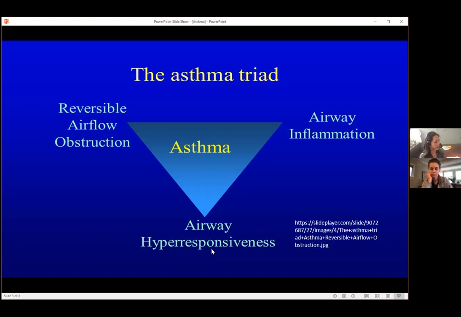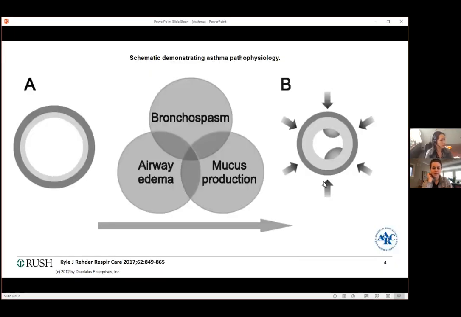And then airway hyperresponsiveness, which, in a very simple way to say it, is that airway obstruction develops as a reaction to a trigger more often than it does in others. It develops in an asthmatic more often or more quickly than it would in a non-asthmatic. That's the definition of hyperresponsiveness.